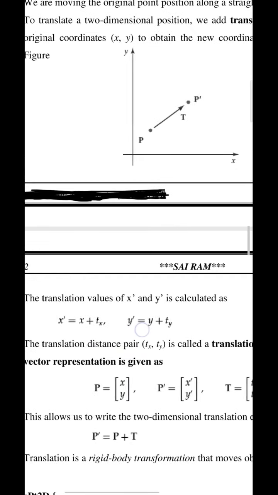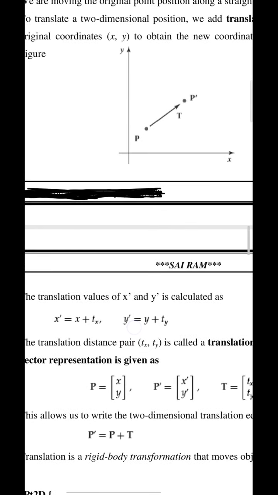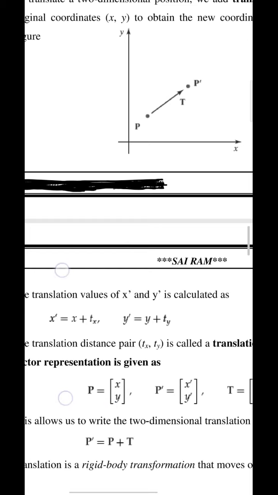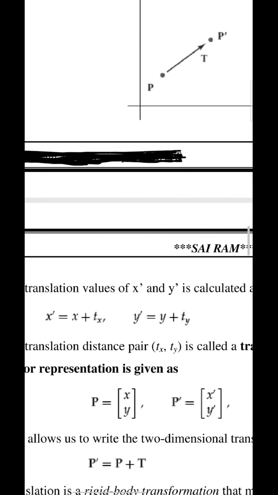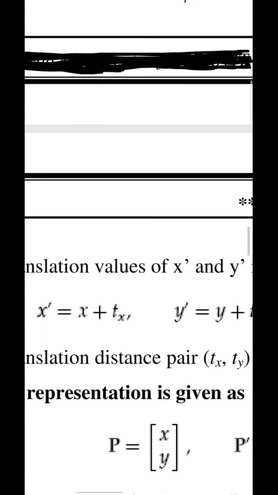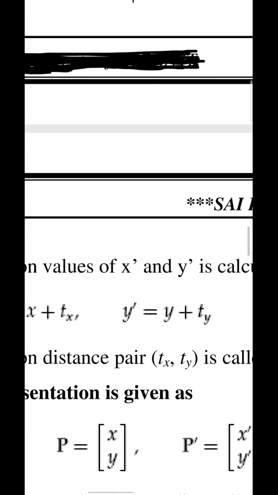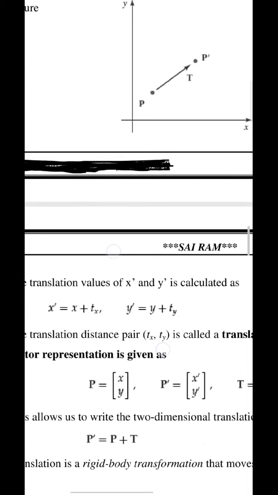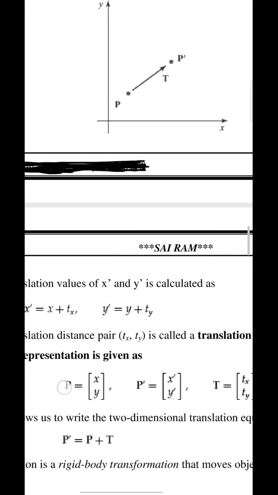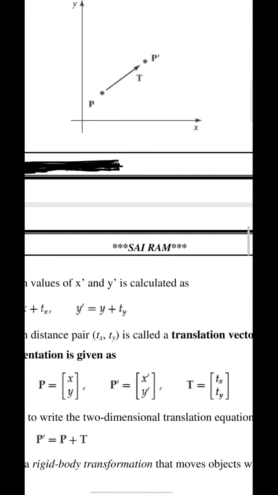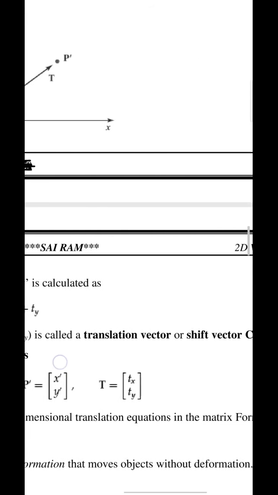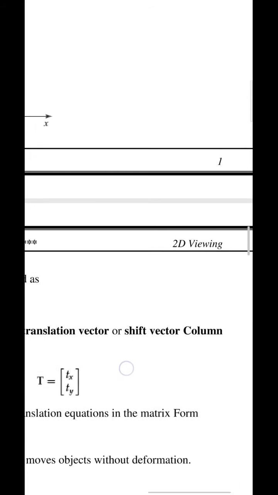The translation values of x dash and y dash are calculated. X dash is the original value x in addition with the displacement value tx. And y dash is the original value of y in addition with the displacement value, that is ty. The translation distance pair, tx comma ty, is called the translation vector or shift vector.